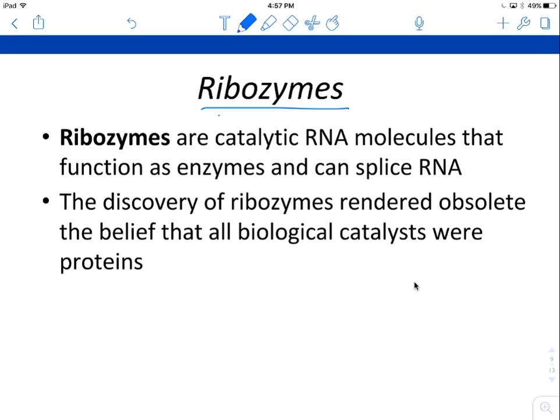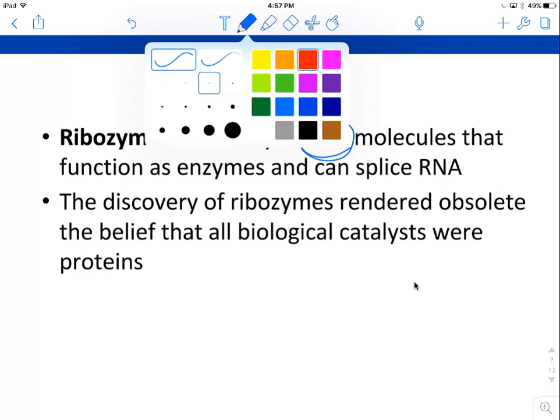I mentioned this way back when we were talking about proteins and enzymes, and I said not all proteins are enzymes, and not all enzymes are proteins. I said that because there are some enzymes that are made of RNA, and here they are, finally.